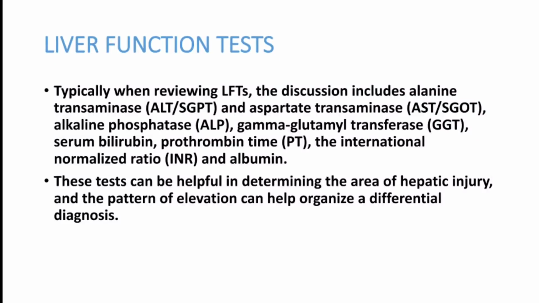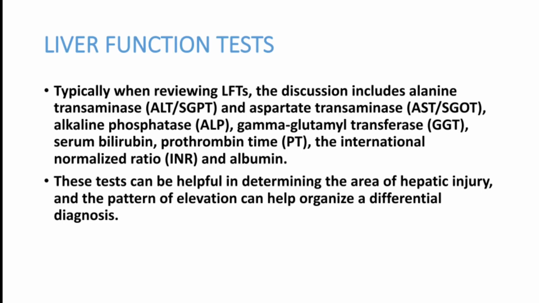Today we are discussing liver function tests. There are a large number of tests available in liver function testing, but the common tests are alanine transaminase, ALT or SGPT, aspartate transaminase, AST or SGOT, alkaline phosphatase, ALP, gamma glutamyl transferase, GGT, serum bilirubin, prothrombin time and international normalized ratio, INR, and albumin.